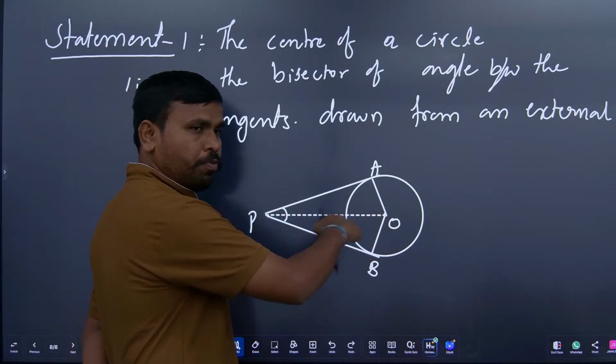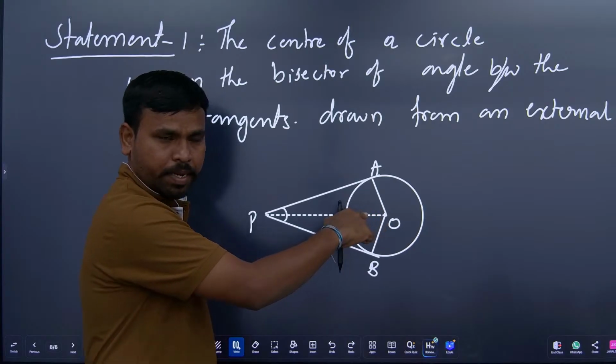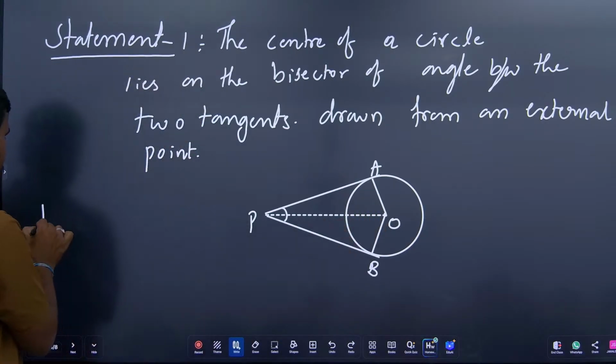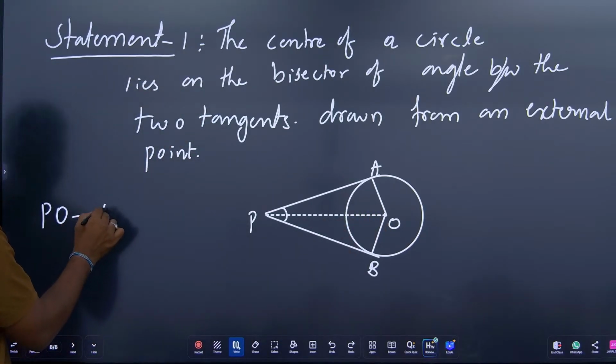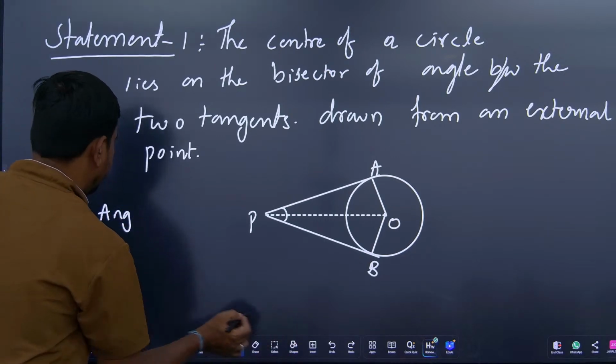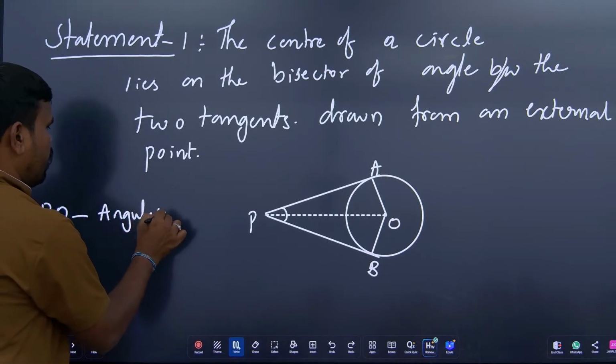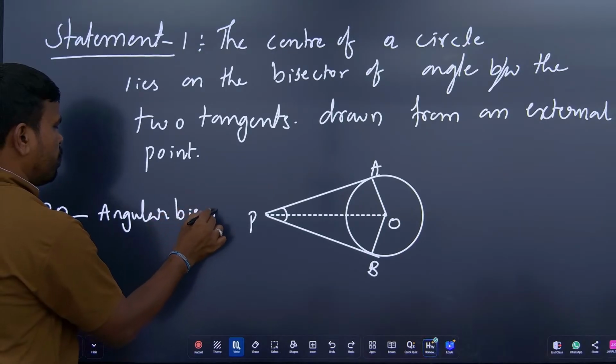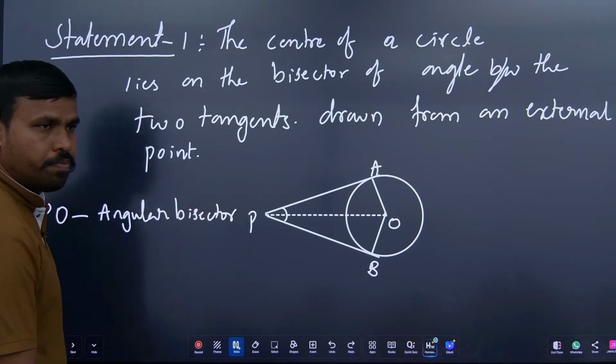This line PO is the angular bisector. PO is what? Angular bisector.